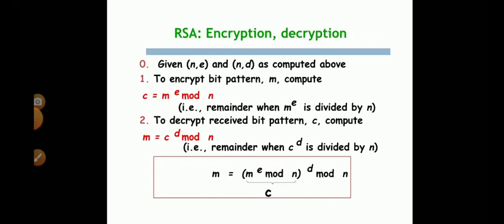To encrypt a bit pattern M, the ciphertext C is equal to M power E mod N. Encryption means converting an original message into a ciphertext. Decryption means converting a ciphertext back to the original message. For decryption, the formula is M is equal to C power D mod N.